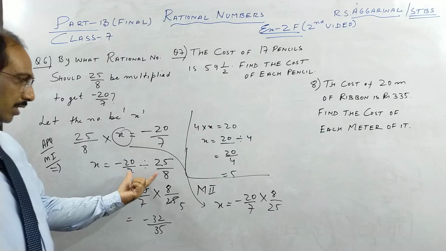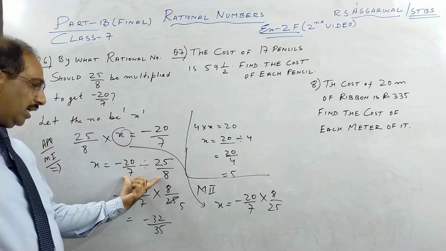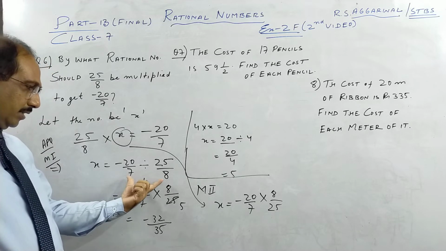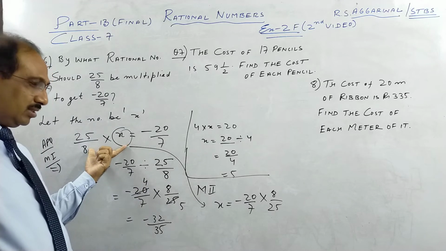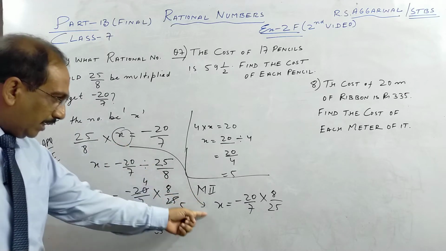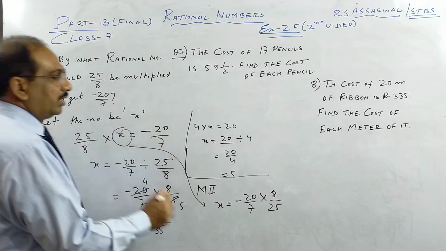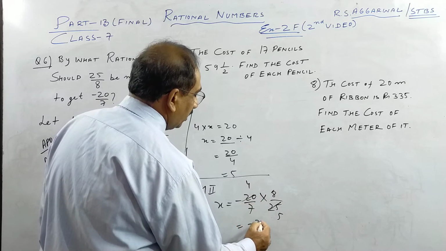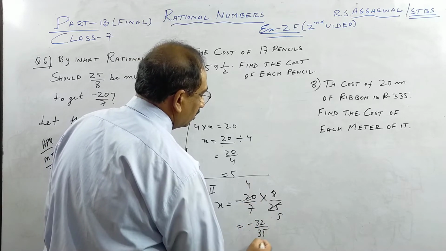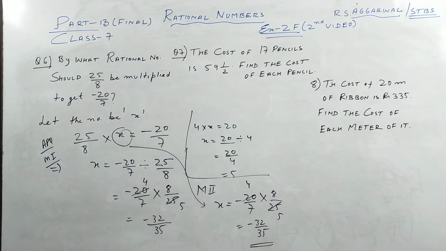So directly you could have done division, this divided by this without x. Third, where we take x, rather than doing division like this, 8 goes up and 25 comes down. The same way we cancel, children. We get minus 32 by 35. So here we have finished the first sum, number 6.